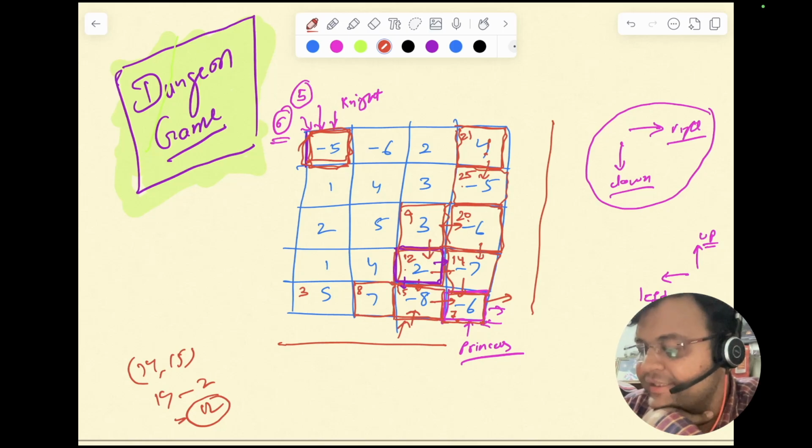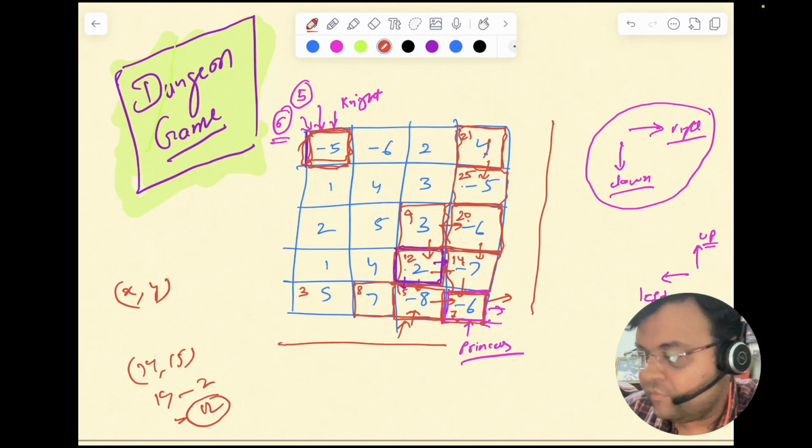For example, we are sitting at x comma y, this is our x comma y, right? Which is this one? This will be x y plus 1, right? And this is x plus 1 y, correct? So x plus 1 y and x y plus 1, these two boxes we need to check.